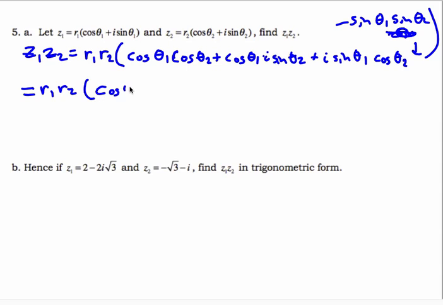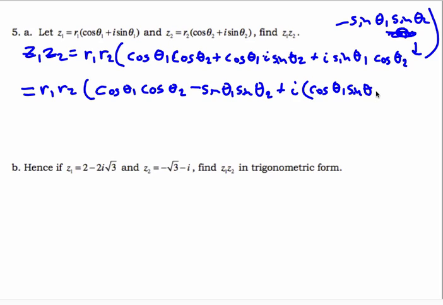So you're going to have cosine theta 1 cosine theta 2 minus sine theta 1 sine theta 2 plus i times, now all the complex parts are here, cosine theta 1 sine theta 2, and then plus sine theta 1 cosine theta 2.